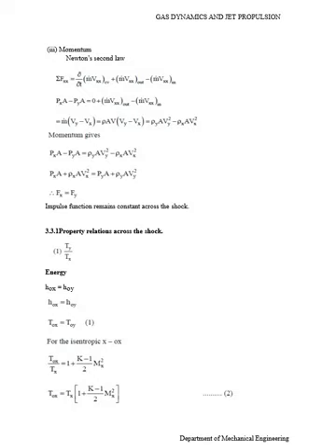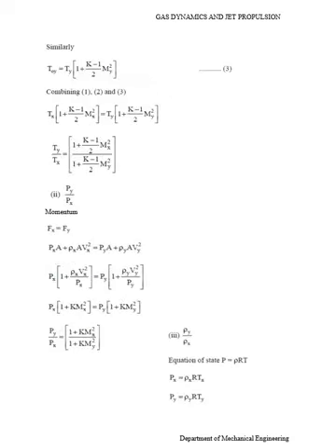The next topic is the property relations across the shock. First property, temperature, Ty divided by Tx, where Ty is the temperature after the shock and Tx is the temperature before the shock. Using the energy equation, H naught x equal to H naught y, we get Ty divided by Tx equal to 1 plus (gamma minus 1) divided by 2 mx square, divided by 1 plus (gamma minus 1) divided by 2 my square.